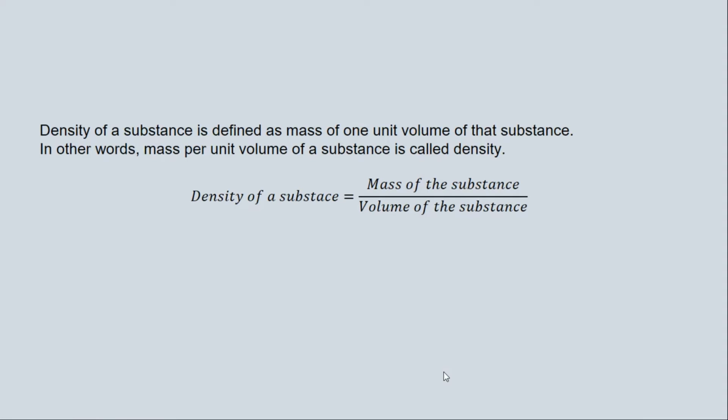Now there is one more term, density, which we can define as the mass of unit volume of a substance, or in other words, mass per unit volume of a substance is called density. In order to calculate the density of a substance, we require the mass of the substance and the volume of the substance.